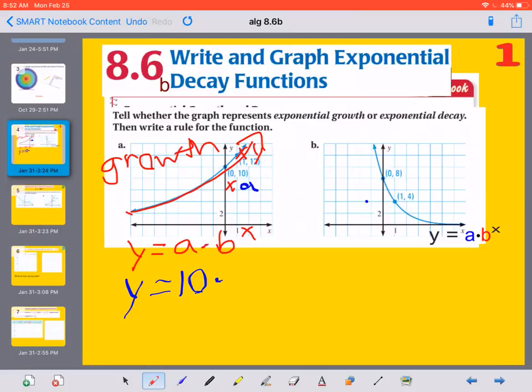So what we can do is, because we now know what x and what y is, we can put these in for our equation. So we would have y, well, instead that would be 12, equals, we said that a was 10, times b, and we don't know b, but we do know x, which is 1.